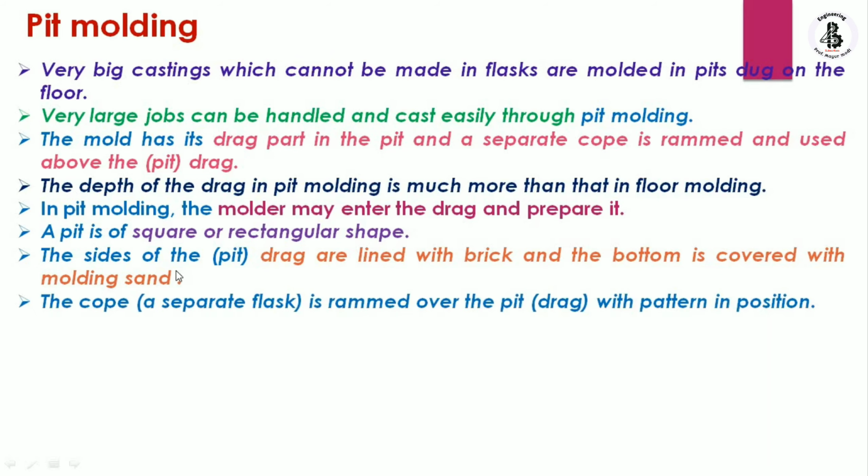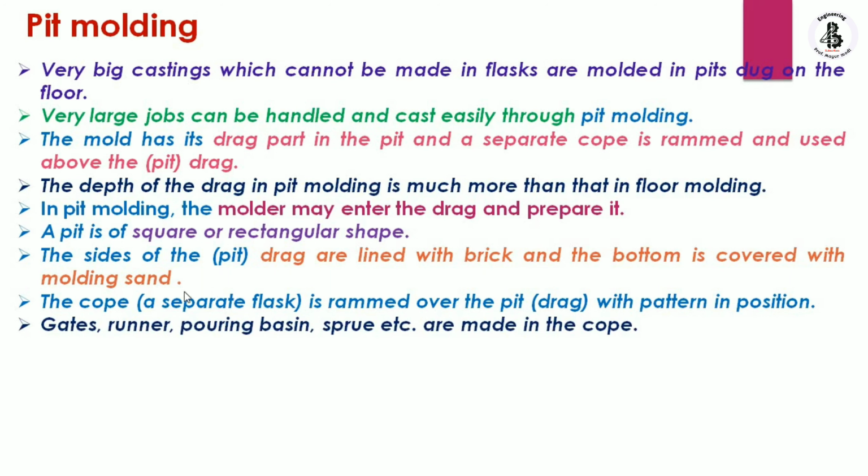The cope, a separate flask, is rammed over the pit, or drag, with the pattern in position. Gates, runner, pouring basin, sprue, etc. are made in the cope. That is the usual practice you will find in sand molding.